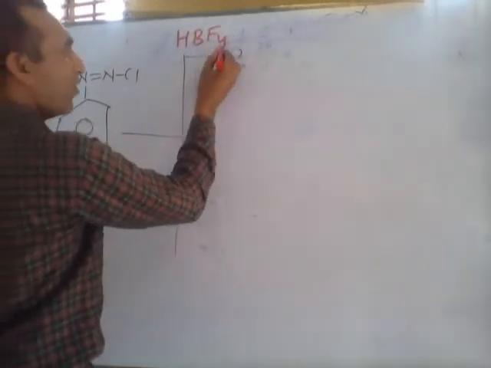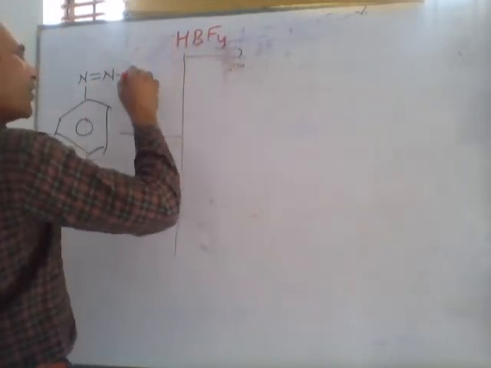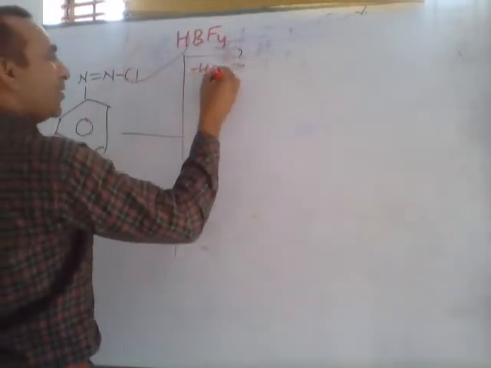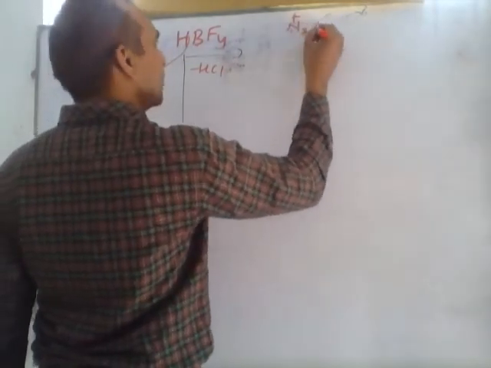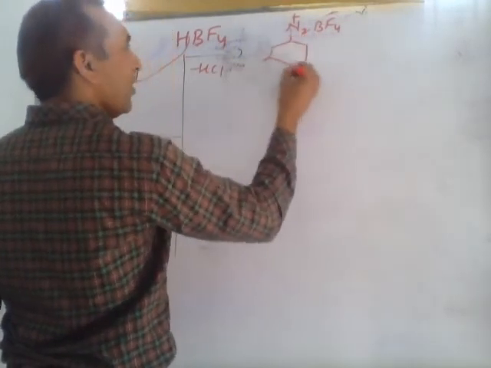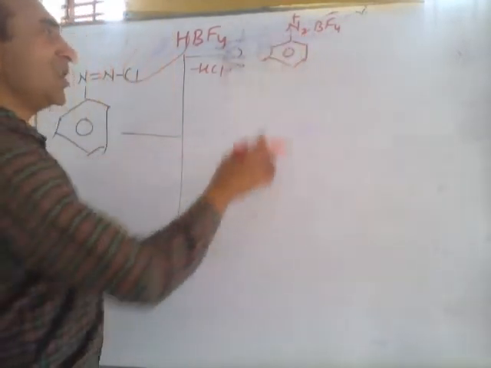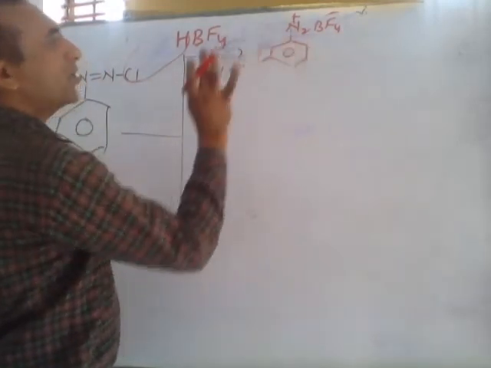This is called fluoroboric acid. Fluoroboric acid reacts with it first and forms this compound, N2 plus BF4 minus. This type of ionic compound is formed. Due to resonance, this is the most stable compound. So in the solid state, as an intermediate compound, this is formed.